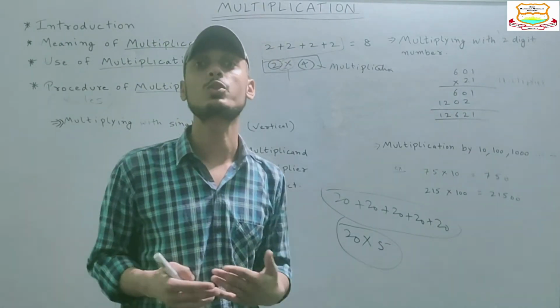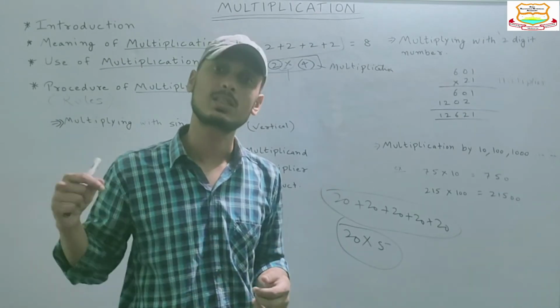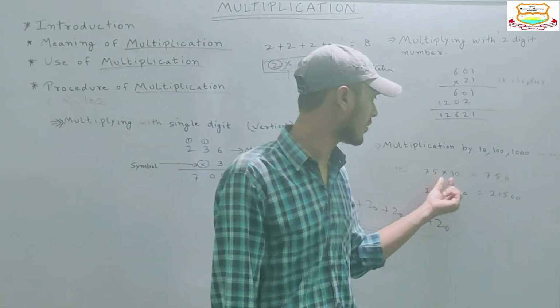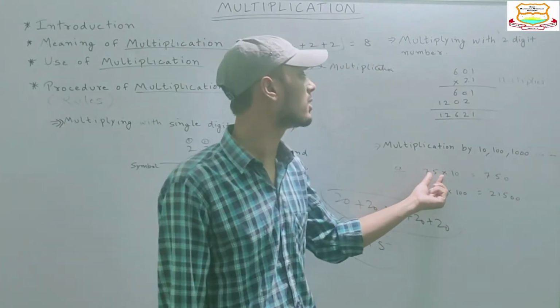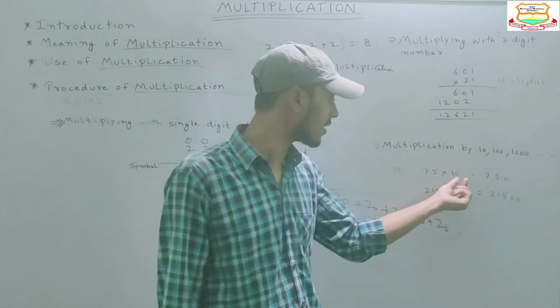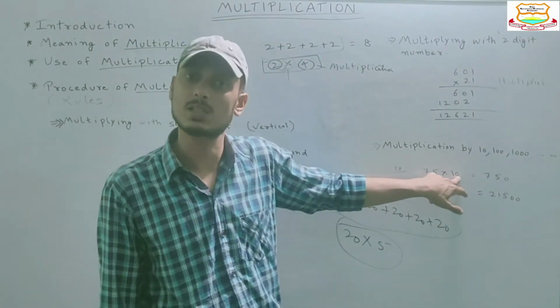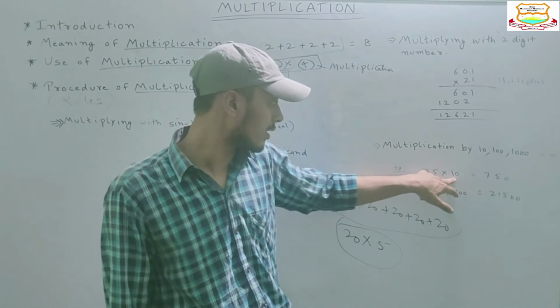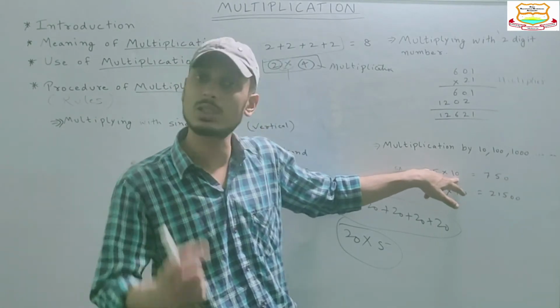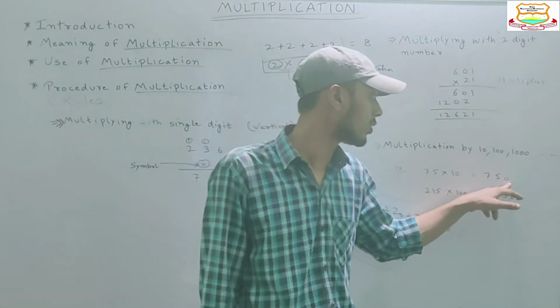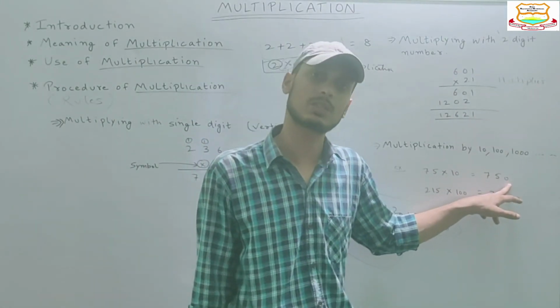You can do this multiplication directly. What is the rule then? 75 into 10. You write the number 75 and then count the number of zeros in the multiplier. In this case, there is only one 0 in the multiplier. So I have put one 0 here. Got it?